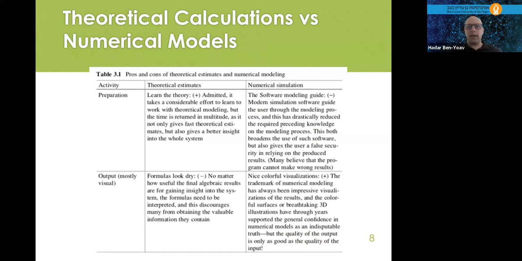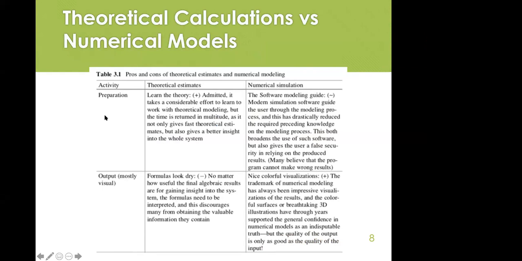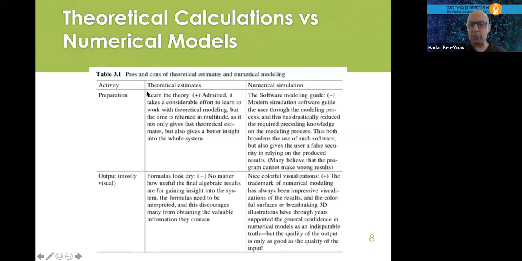So here I took from the book a comparison, pros and cons, advantages and disadvantages of theoretical calculations versus numerical models. For example, the preparation, when you want to build the model.